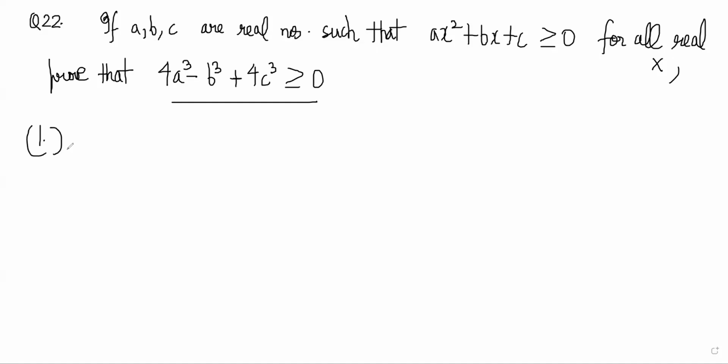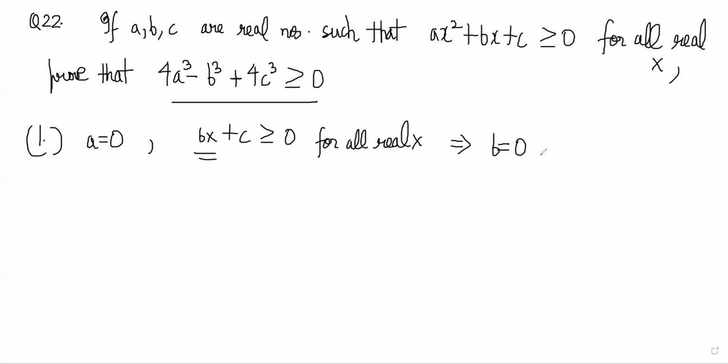Now, the first case that we'll take is the case where a is equal to 0. If a is equal to 0, the condition becomes bx plus c is greater than or equal to 0 for all real x. And therefore, this cannot be true for all real x unless the coefficient of x, b, is 0. So b must be 0 and c must be greater than or equal to 0.